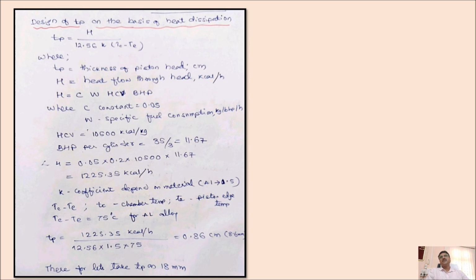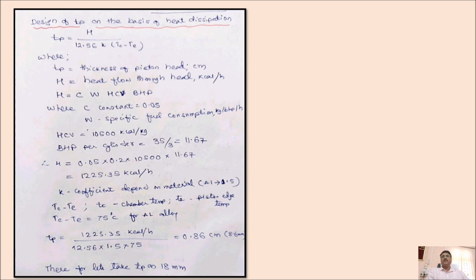Total BHP is here 35, so BHP per cylinder will be 35 divided by 3, the value is 11.67. Substituting the values of C, W, HCV and BHP, H will be equal to 1225.35 kilocalorie per hour.